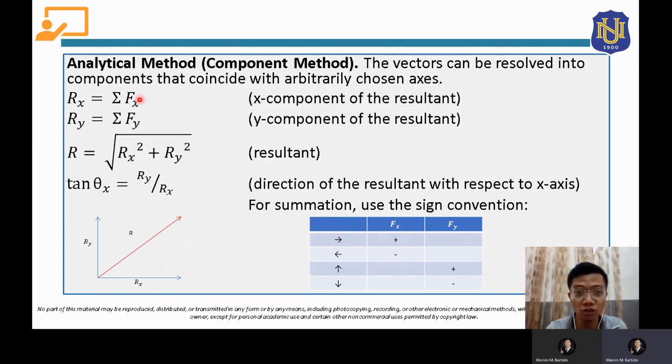Also, if your component force is directed upward, its vertical component is positive, but if it is directed downward, its vertical component will be negative. So this will be the sign convention for the summation of vertical and horizontal components of forces. Okay, so let's try to solve problems.